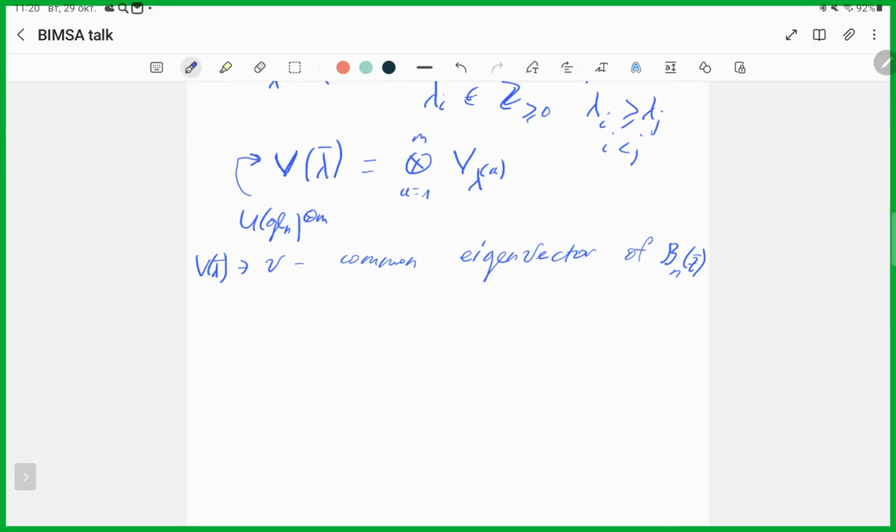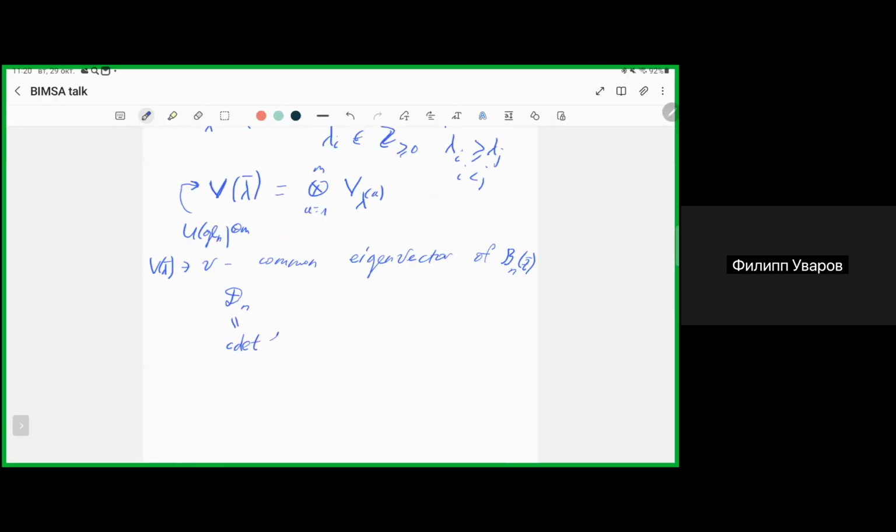And what I can do, I can take my differential operator that was, maybe I introduced this notation, maybe not, but okay, let me just do it now. So this is my column determinant that I started with of this matrix L. And so I can take it and consider its image on my eigenvector.